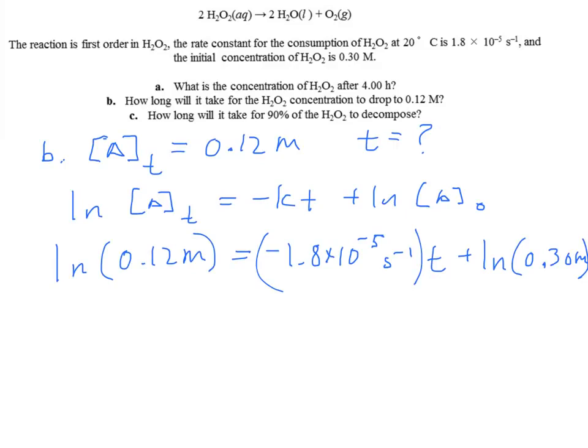Alright, so now we entered the plug and chug phase. Natural log 0.12, negative 2.12. Oh, by the way, now is the perfect time for you to write down Battlestar Galactica.